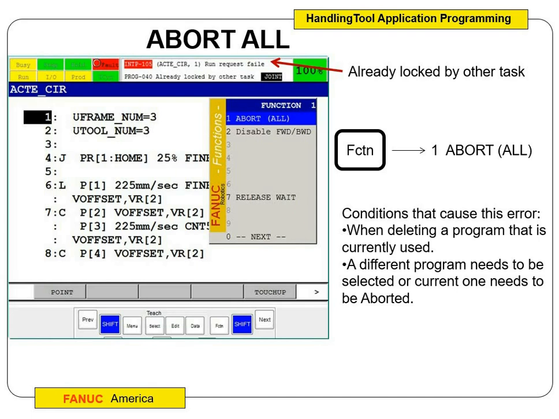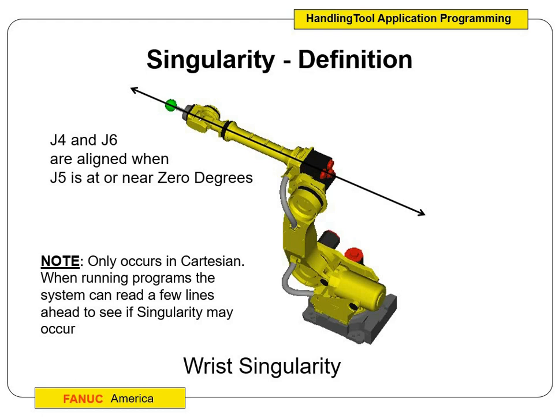Well, if you read the top of the screen, it says run request failed, already locked by other task. Very common error. You have to hit function and then abort all. Alright, then shift reset. Alright, clear your error, clear the fault, and then you should be able to work. So anytime that you're already locked by another task, it's function, alright, and then number 1, which is abort all.